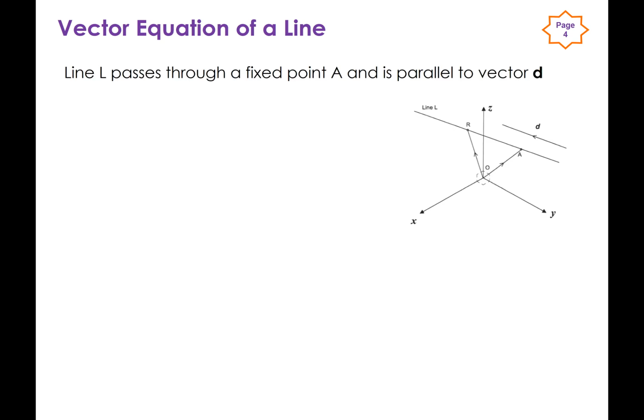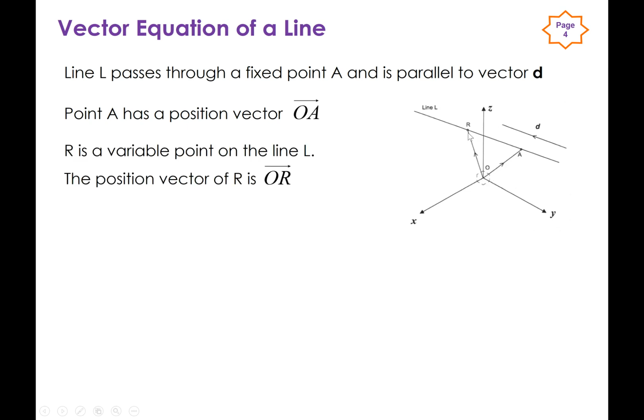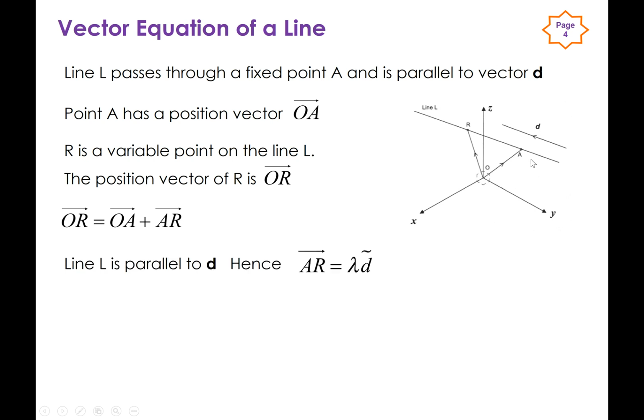So what that means is that if I want to find the vector equation of a line, I've got a fixed point on that line, let's say point A. So I've got OA here. R is a variable point on the line, so R is any point on the line. I have my direction vector, which is D. So I can say that OR, the position of any point on that line, is represented by OA plus AR, but AR is just a scalar multiple of that direction vector.